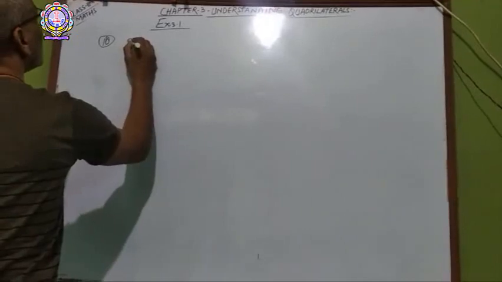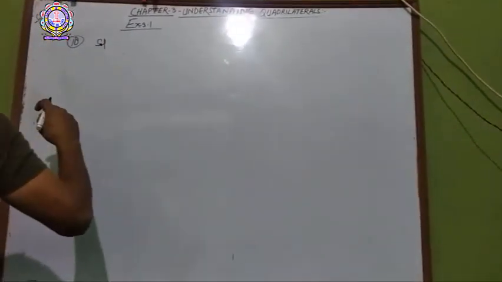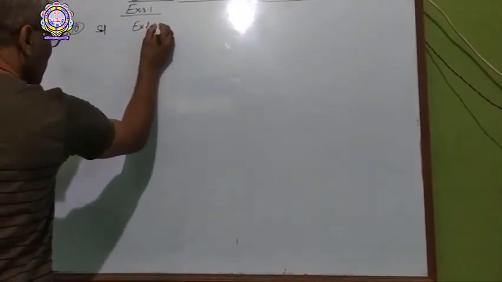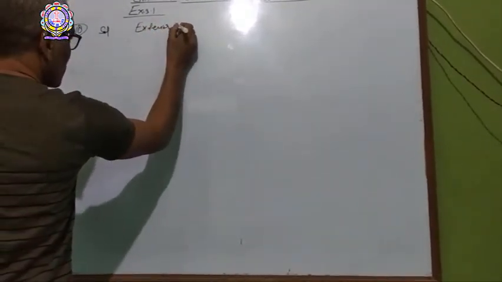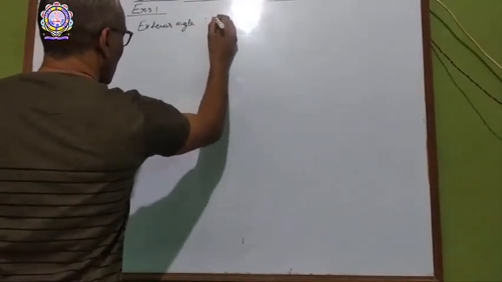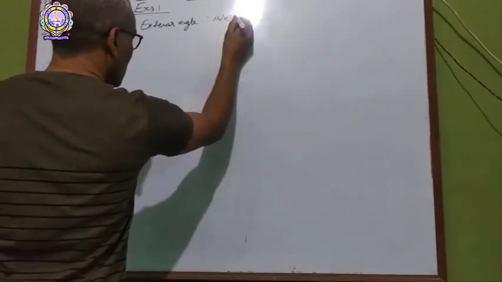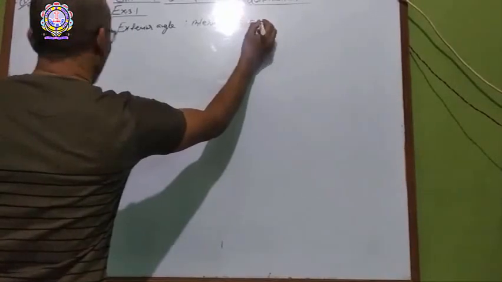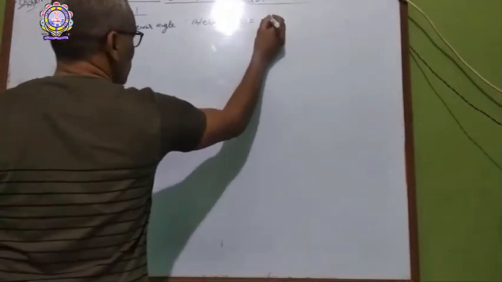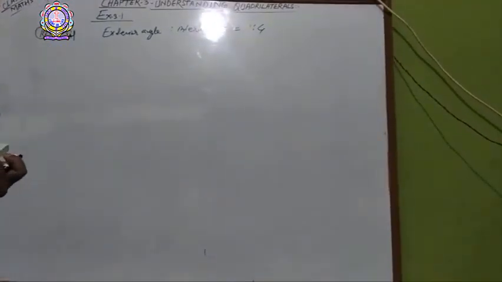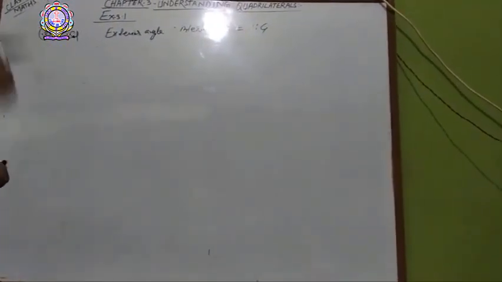Okay, here the ratio of exterior angle to interior angle is equal to 1:4. This is the ratio of exterior angle and interior angle.